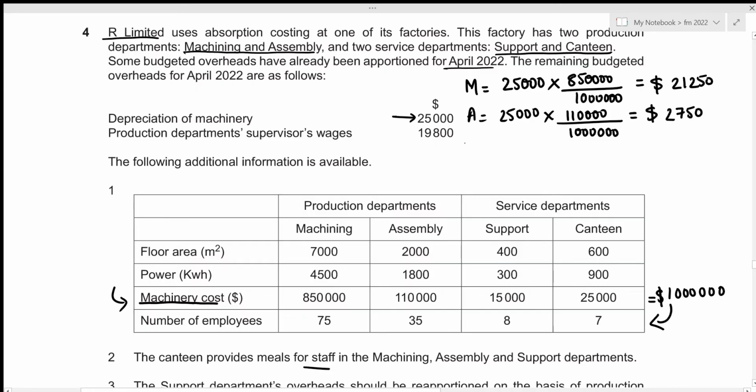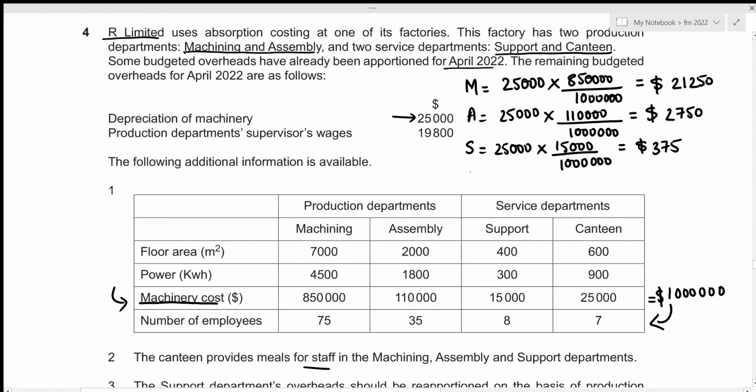Now for support, that's 25,000. And out of 1 million machinery cost, 15,000 belongs to the support department. So that's 15,000 divided by 1 million, which gives the value of depreciation of machinery to be apportioned in the support department to have the value of 25,000 times 15,000 divided by 1 million, which gives the amount of 375.